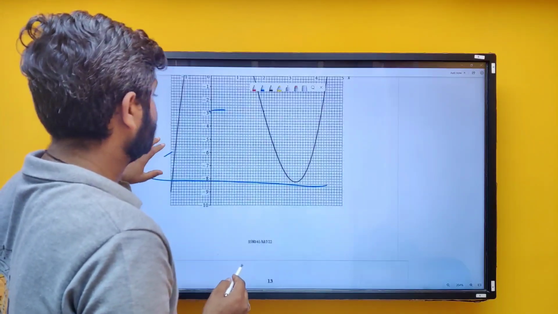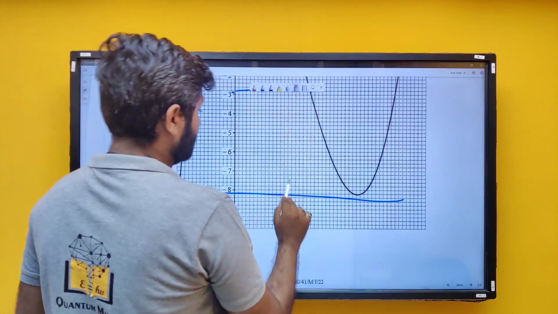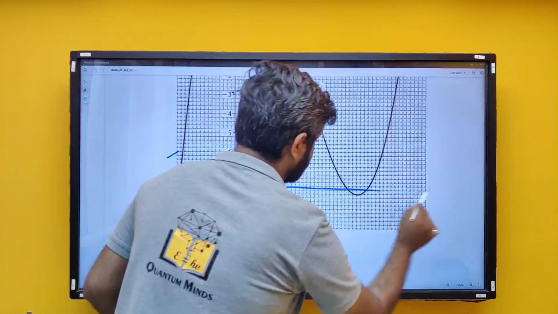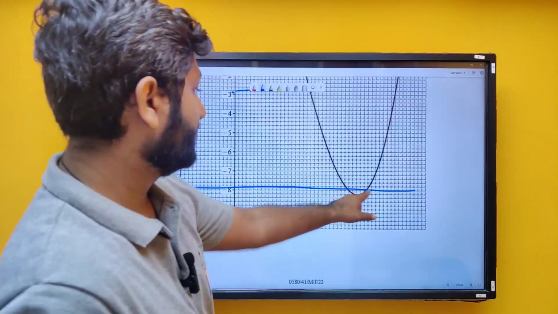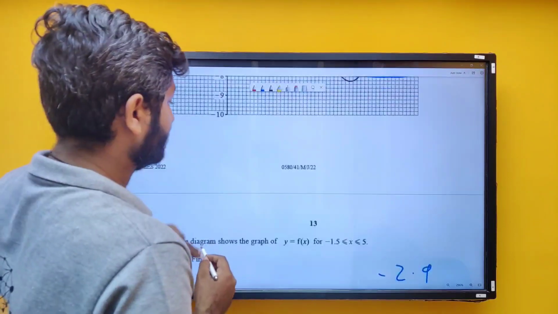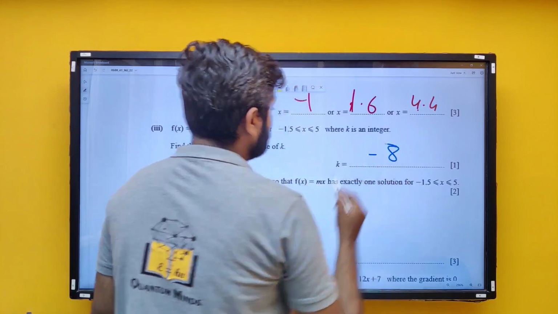See the graph, the smallest possible value will be minus 8. So my value of k is minus 8.